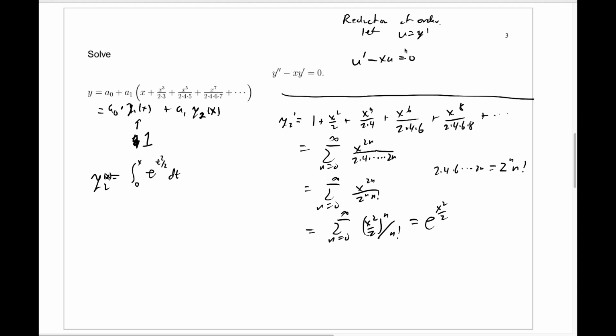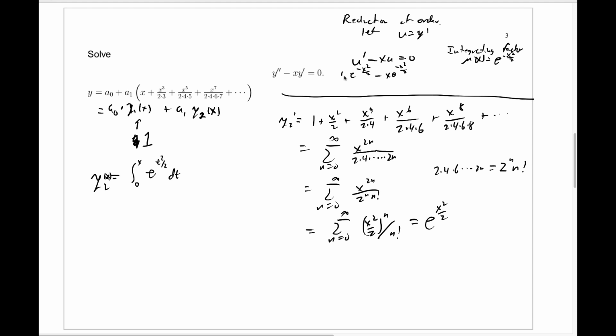How would we solve this differential equation? Well, we could multiply by the integrating factor. Mu of x in this case equals e to the integral of minus x, which is minus x squared over 2.